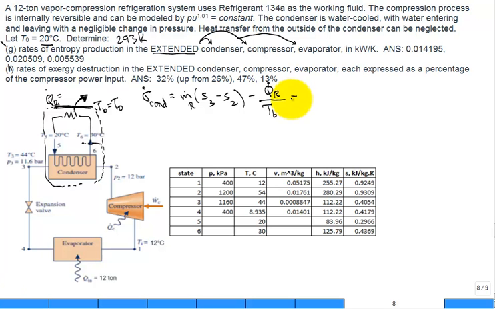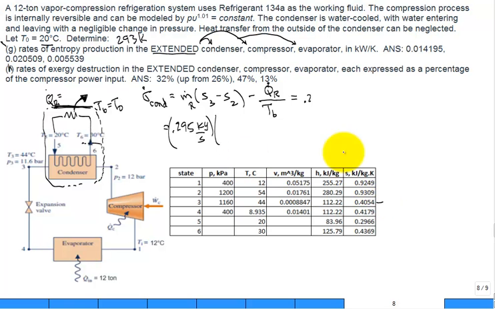All right, so we can put in some numbers here. The mass flow rate of the refrigerant, let me put it down here, 0.295 kilograms per second.